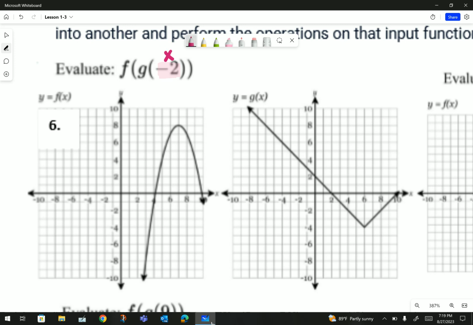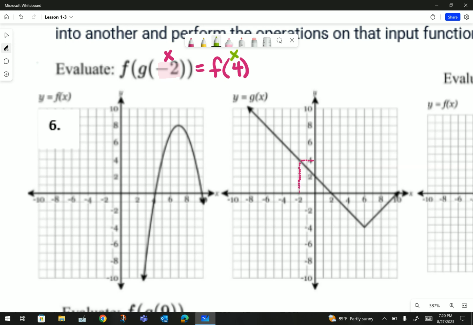If I'm starting at -2, I need to go up, which is 4 units up, to get to that g function. So I'm going to say f, because I haven't worked with it yet, and g of -2 is 4. How many spaces did I have to go up from -2? +4.